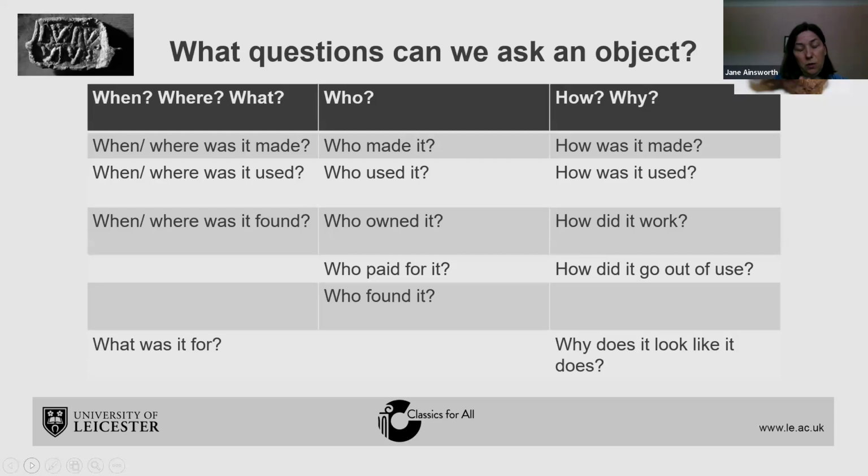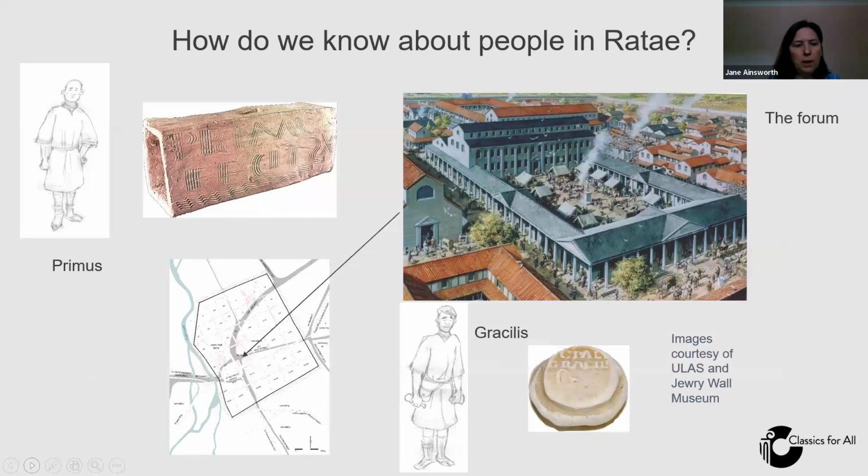You've got these frameworks of questions because they were sent out yesterday, but they also reappear in all of the PowerPoints that accompany the resources. So, for example, we would talk about the fact we would find that Primus here on the top left of the screen comes from this hypocaust tile, which you can see says Primus fecit, and then an X for 10. And one of the questions we always ask, and is absolutely crucial whenever you are looking at an ancient object, how was it made?